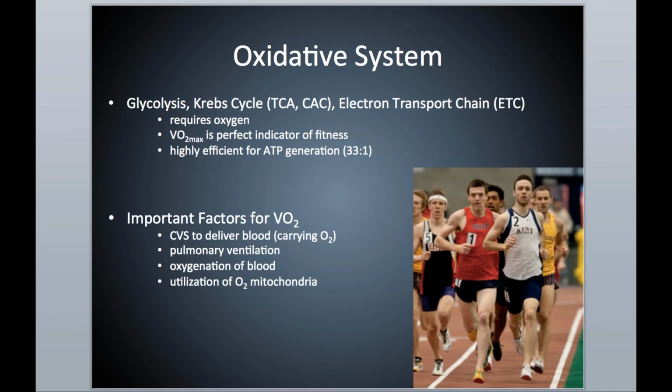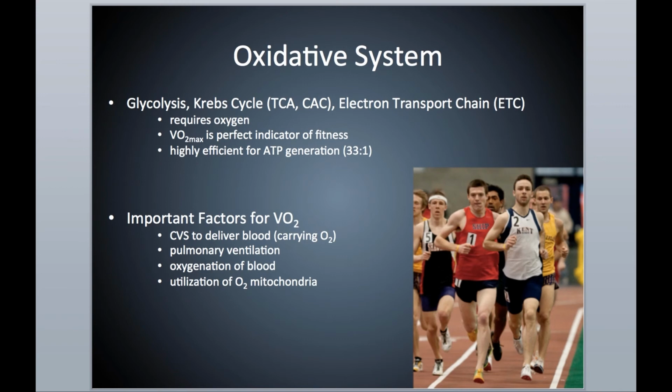Now, the important factors for that volume of oxygen that you're able to consume, thus how well the oxidative system is working and how fit you are. CVS, and that's not CVS the store, but CVS, cardiovascular system, how well it's able to deliver the blood. And within the blood, we obviously have oxygen that needs to be carried around.